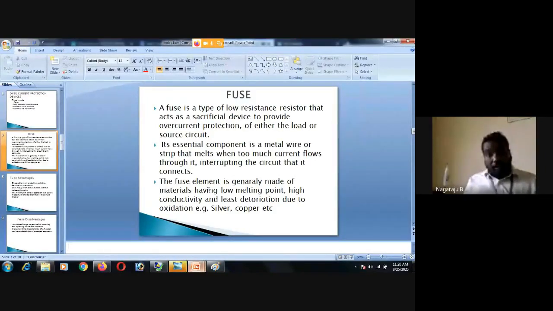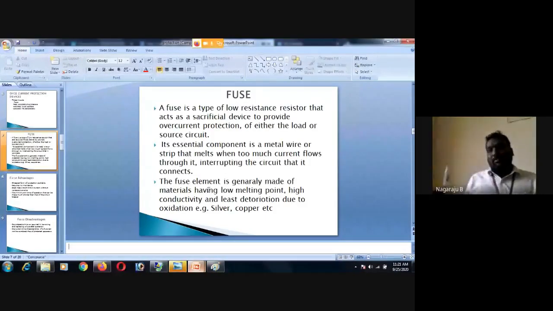Even during a fault you are going to get that power, so you may have more damage at the load side. You need to remember this. The system voltage is also a main consideration. Current, voltage, as well as the maximum amount of fault current.